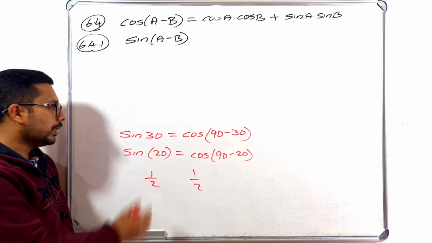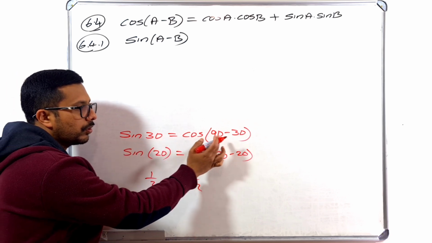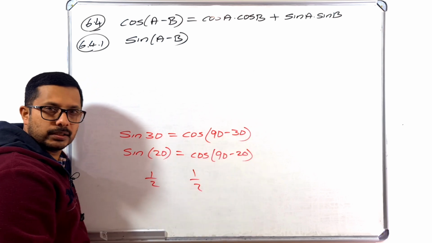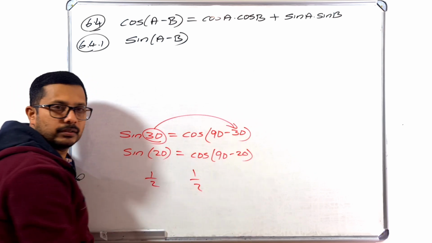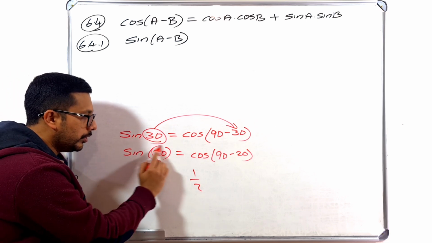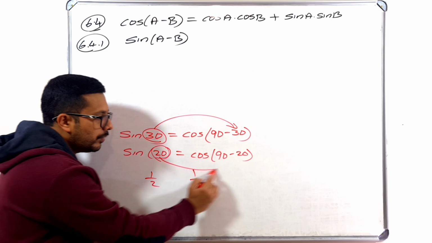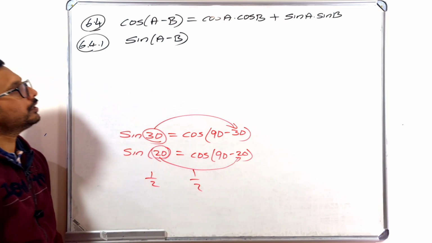So sine of an angle we can write as cos of 90 minus that angle. Whatever you write here, 20, it is 90 minus 20.